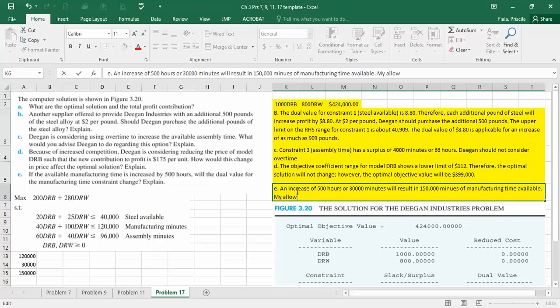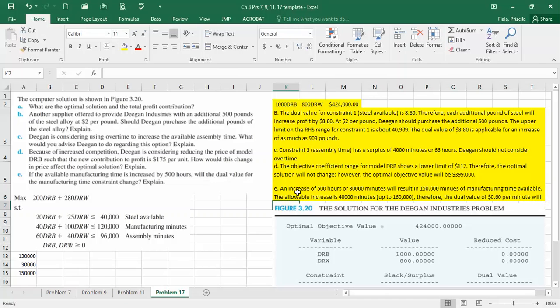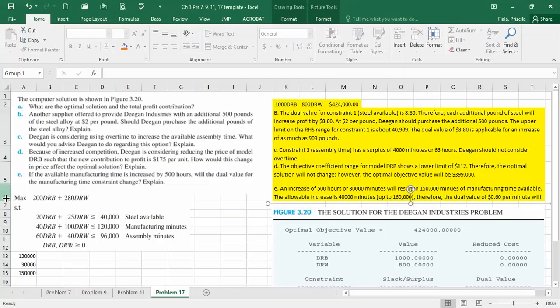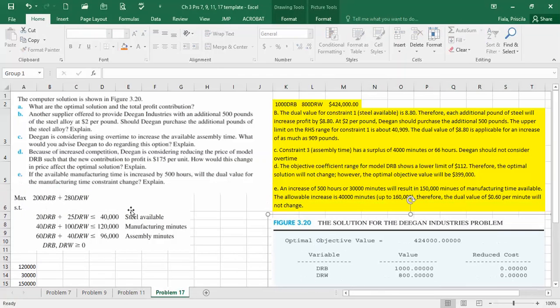The allowable increase is 40,000 minutes, or I should say up to 160,000 minutes. Therefore, the dual value of 60 cents per minute will not change. And now we have finished problem 17.